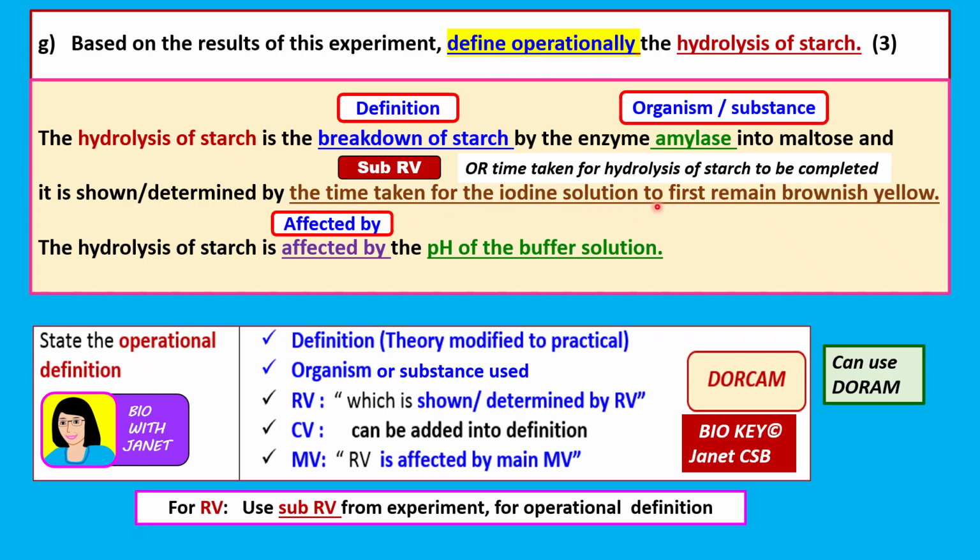So time taken for the iodine solution to first remain brownish yellow. So the hydrolysis of starch is, now here's where we use affected by the MV, the pH of the reaction medium or water bath, okay, or the pH of the buffer solution.